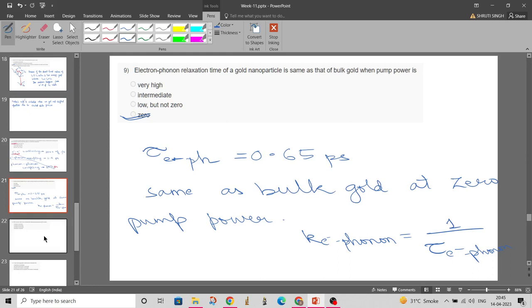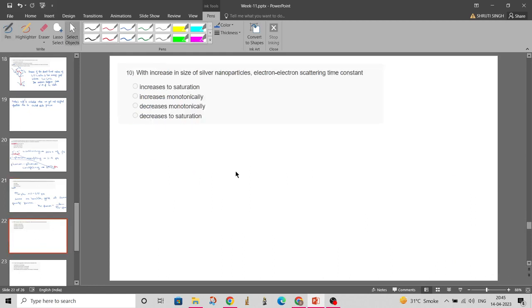Okay, let's move to the next question. With increase in the size of silver nanoparticles, the electron scattering time constant increases to saturation, increases monotonically, decreases monotonically, or decreases to saturation.